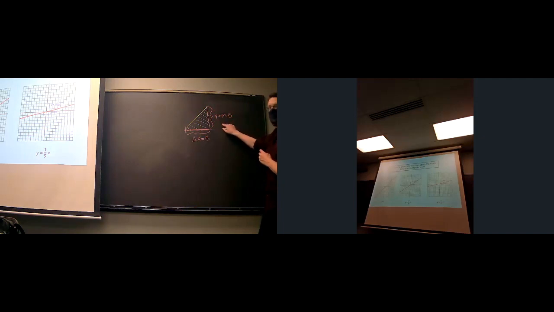We know how to find this area, right? Let's relabel these legs. Let's call this A, let's call this B. The area is going to be 1/2 A times B. Agreed?